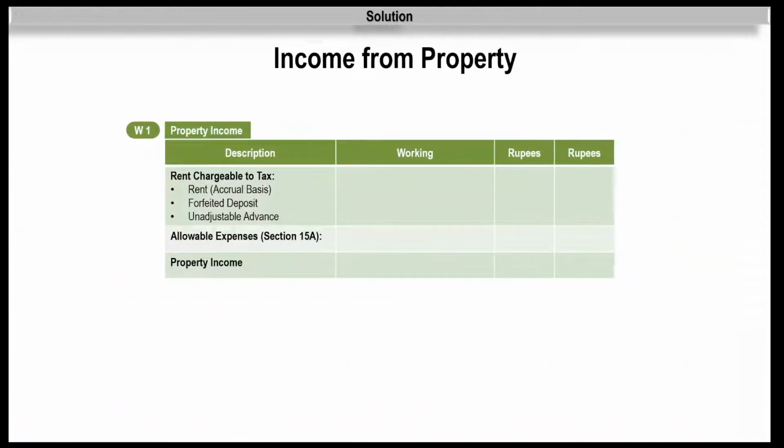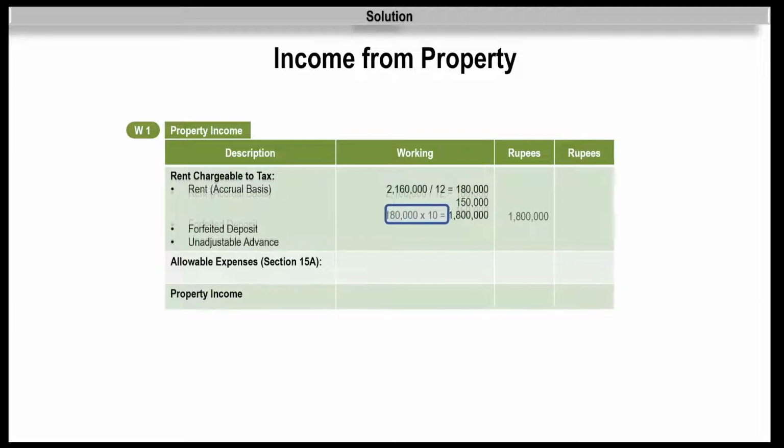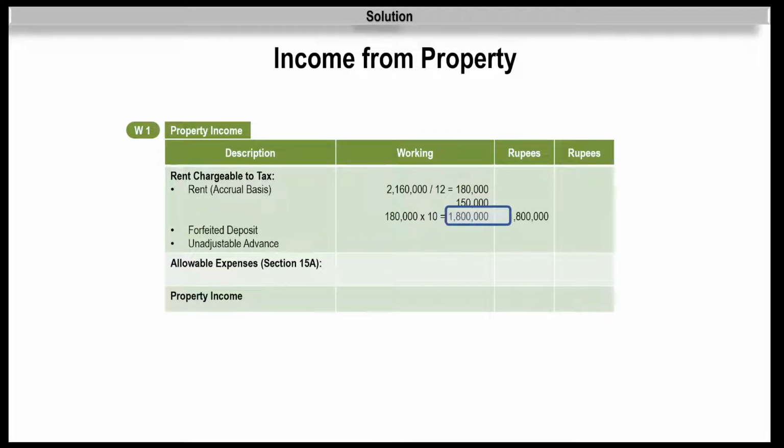Annual rental value will be divided by 12 to get rental value of 1 month. Now compare it with actual rent. Actual rent given in question is rupees 150,000. So the higher amount is 180,000. This will be multiplied by 10. Plot was given on rent from September 1st. Rent amount comes to rupees 1.8 million.